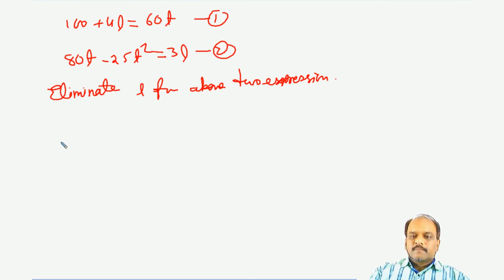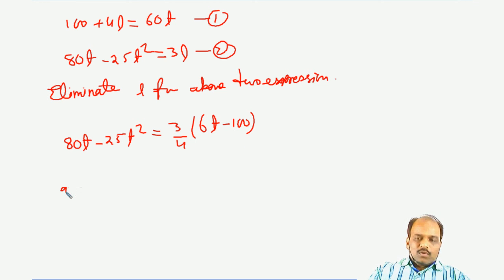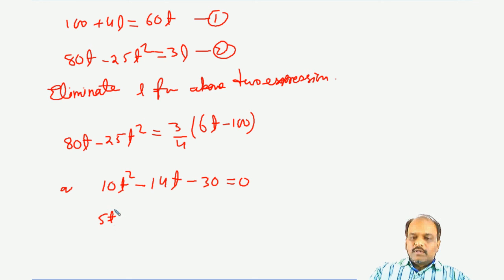So from here we get 80t minus 25t square is equal to 3 by 4 into 60t minus 100, or solving it we get 10t square minus 14t minus 30 is equal to 0. Now we can solve it as 5t square minus 7t minus 15 is equal to 0.